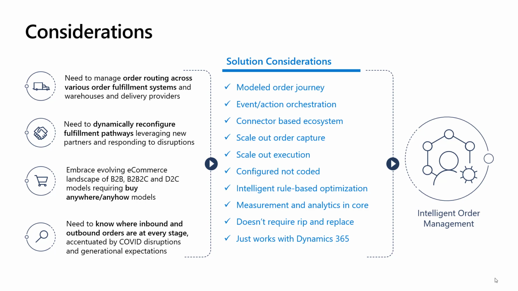We wanted to have intelligence built in to the orchestration and to the data that was visible for the organization to use. And so the key measurements and analytics are key to driving the order fulfillment process. While it works with our Dynamics 365 solution, it's not needed, and hence we can work with any solutions that customers have with the integration capabilities of our providers.